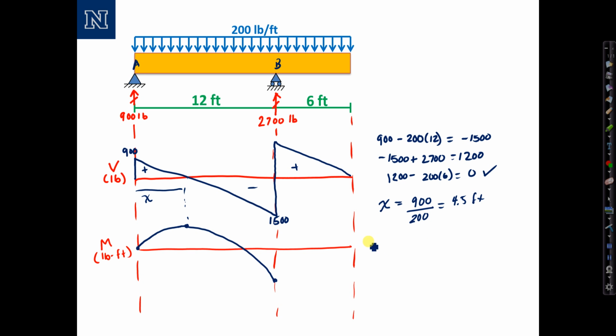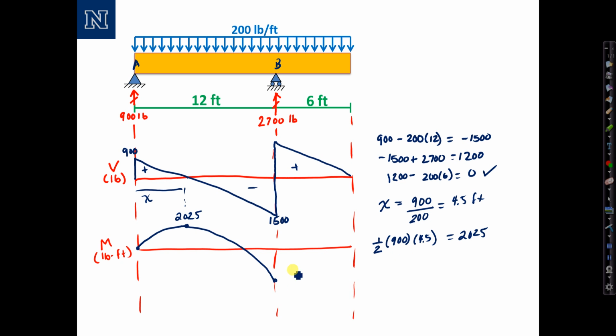So my moment at the maximum at 4.5 feet is the area of the shear triangle, 1/2 times 900 times 4.5, which is 2025. And I'll denote that value right there where it occurs.